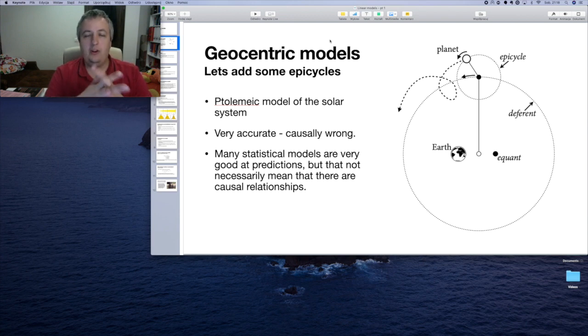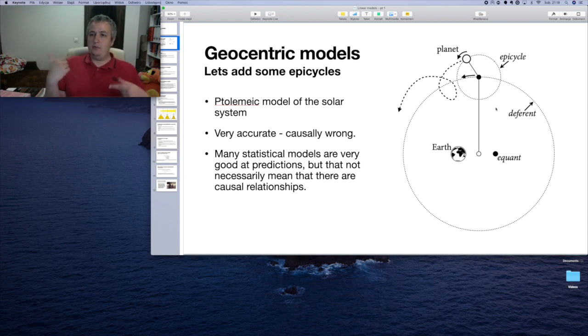So they created a model that, under these assumptions, still provided the proper values. They created this model by constructing a very complicated geometrical structure of so-called epicycles. They were adding epicycles that represented an additional movement around a moving center of a circle which the planet was moving around. This is the epicycle.